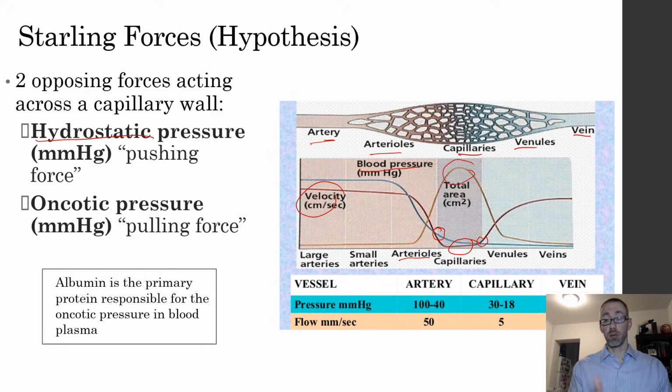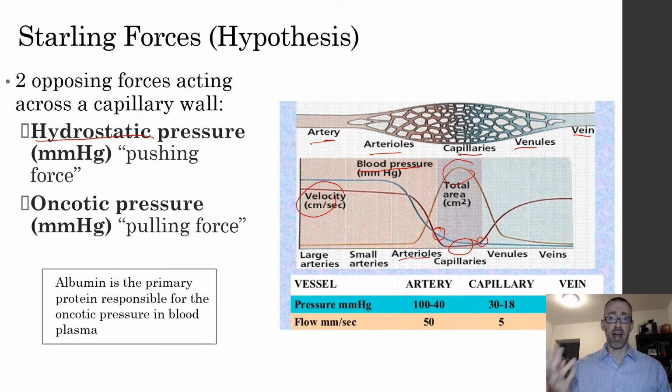So it becomes impermeable across that barrier, and so therefore it can retain water inside the vessel. So we refer to that as a pulling force. Since there's a high solute protein concentration in the vessel, it's going to try to pull water back towards itself out of the interstitial space. All right, so that's why I refer to it as a pulling force.